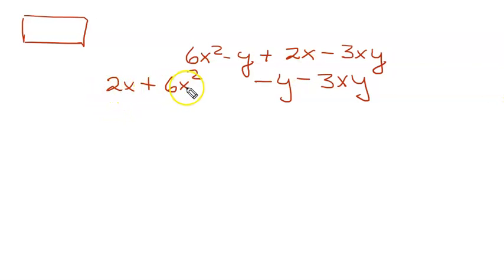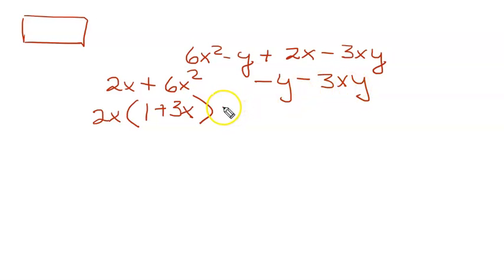So what can I take out of each of these terms here? Well, I can take out a 2x. So here I'm left with a 1 plus 3x. Now, as I look at my next two terms, I can take out a y, but the signs are wrong.